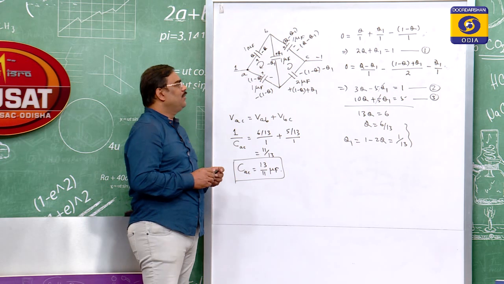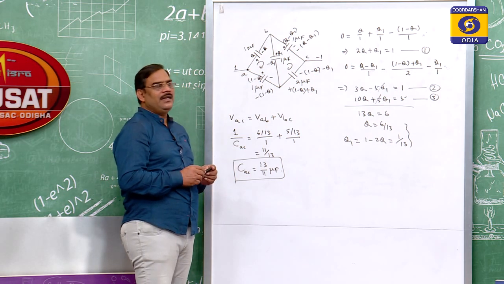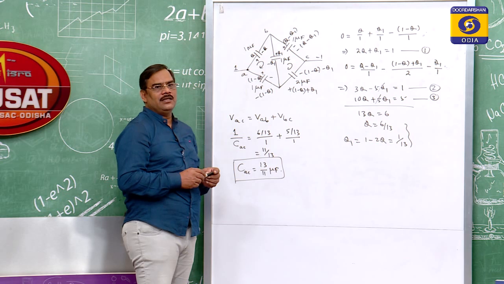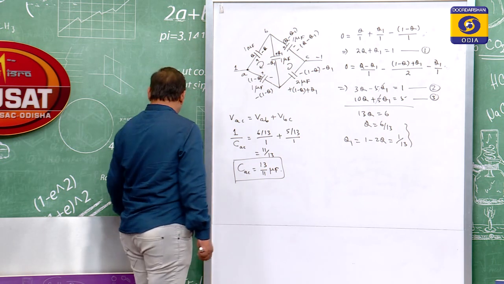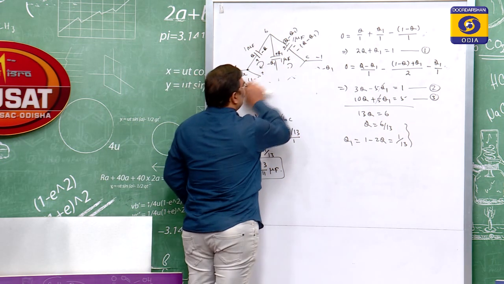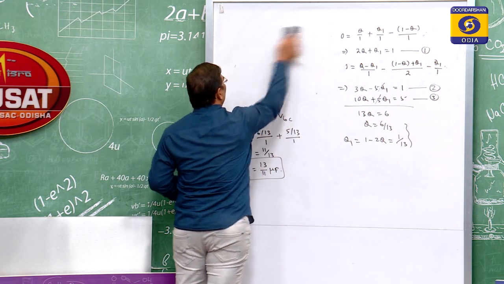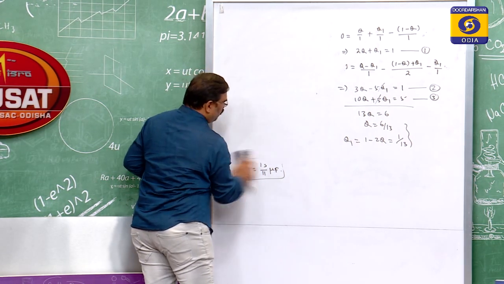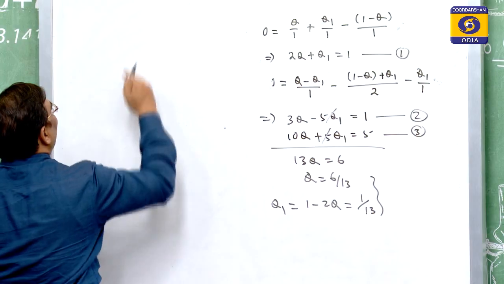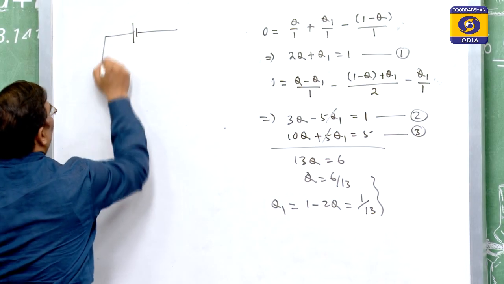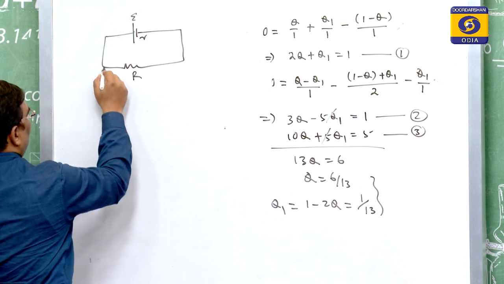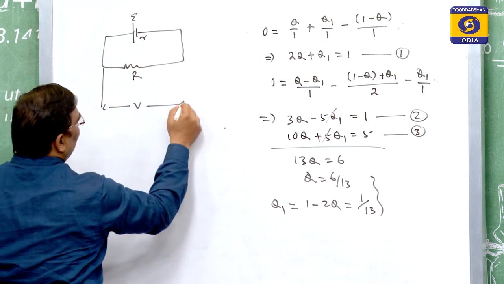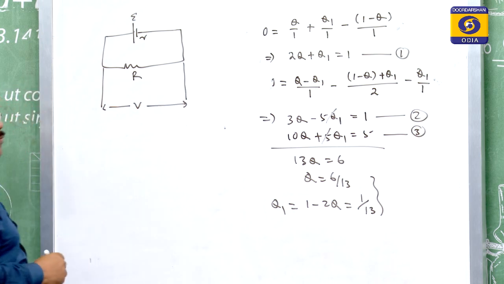In an ammeter, what do we use? We use a very small resistance in series, and in a voltmeter, we use a very high resistance in parallel. What is the concept? The concept is, we have to connect a voltmeter. Suppose I have a battery, there is a resistance R, and now I connect a voltmeter across this resistance.